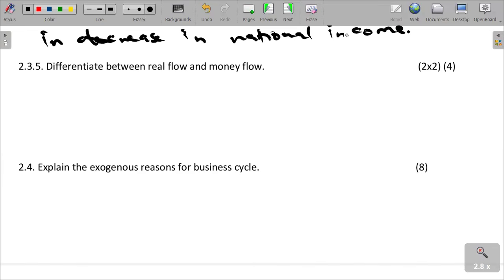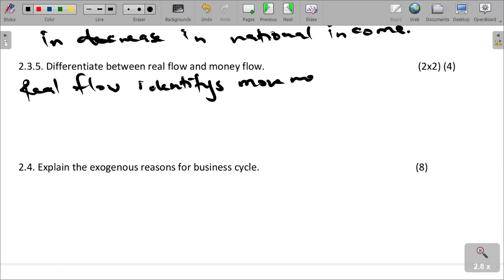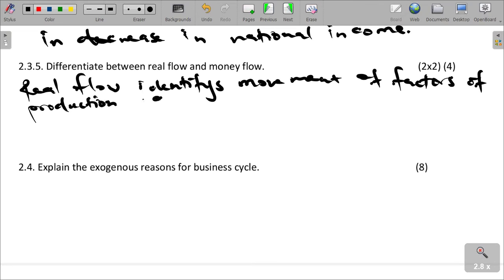The real flow identifies movement of goods and services and factors of production amongst participants in the economy.